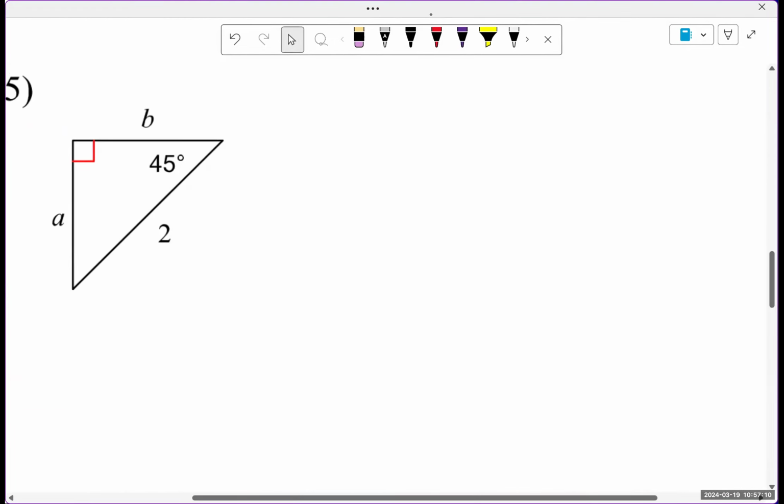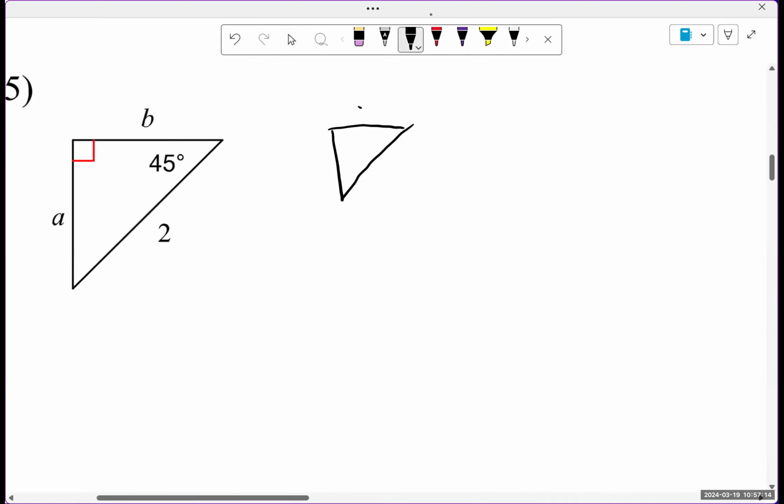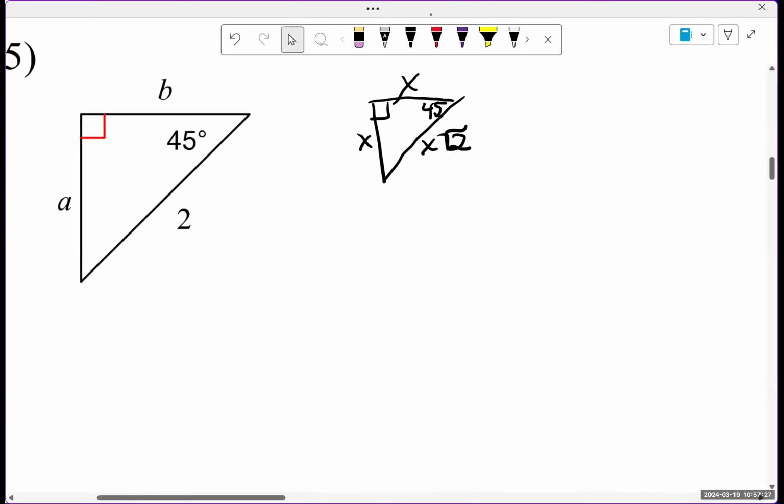Number 5. Let's draw our parent triangle. X, X, and X rad. Now, if this is 45, 45, is it rad 2 or rad 3? 2. Okay, what are we going to do next?